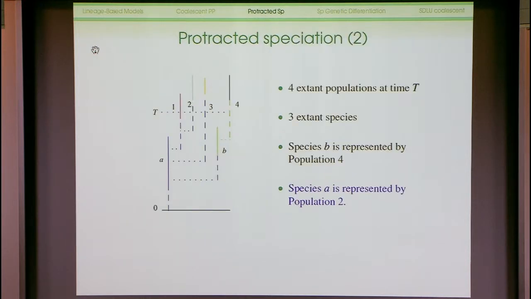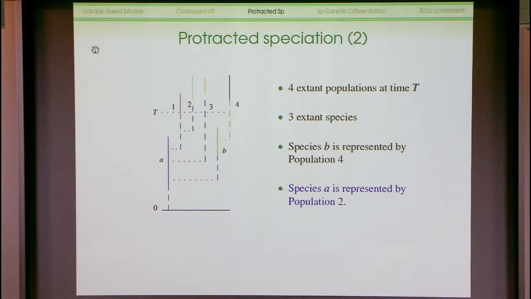So here what we decided to do with the help of Rampal Etienne, who is the biologist who devised this model initially, is that we look at our set of species or set of populations at time capital T. We still have this genealogical tree of populations, and we want to identify each population with the species, and we want to have only one population per species, which is representative of the species.